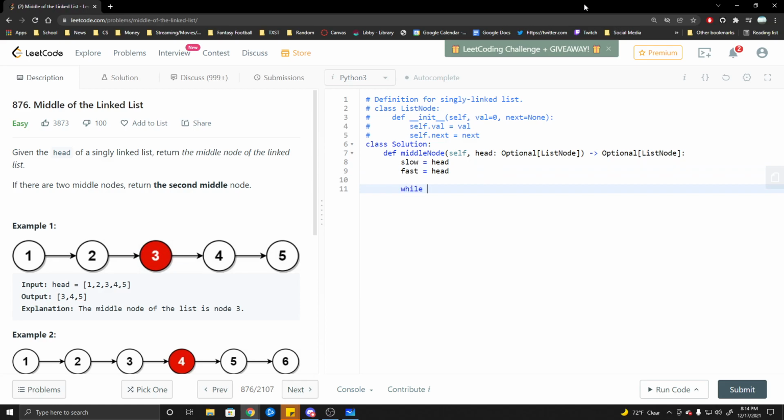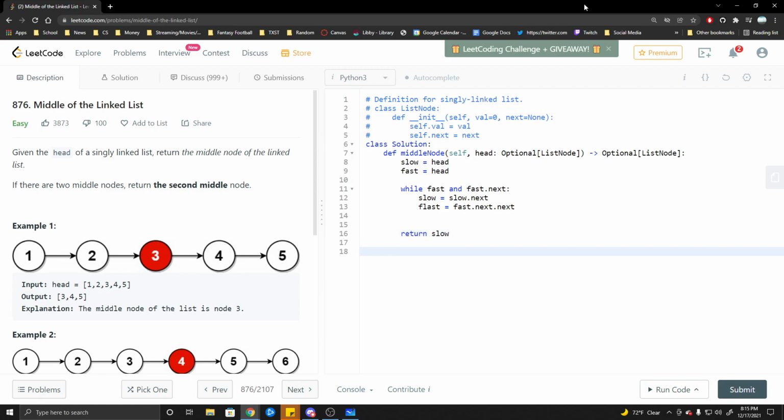While fast is not equal to null and while fast.next exists, we're going to increment slow by 1, so slow equals slow.next, and fast we increment by 2, so fast equals fast.next.next. When we get out of this, the slow pointer will be pointing to the answer we want. So let's just return slow.